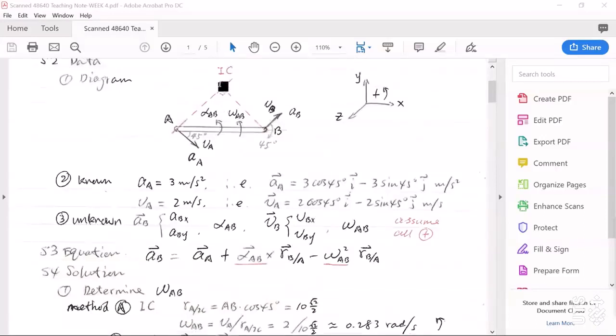And here you can see the IC point is above the rod AB, with VA in this direction. So this means the angular velocity omega AB of this rod must be counterclockwise.